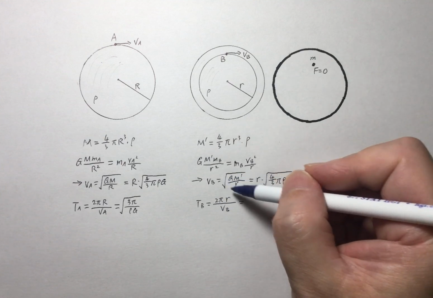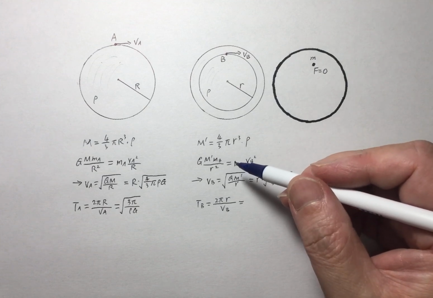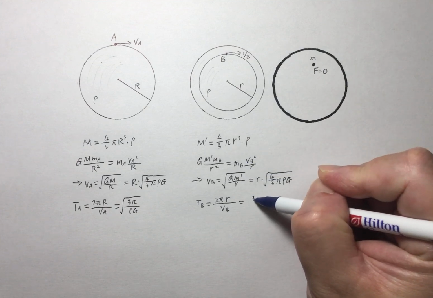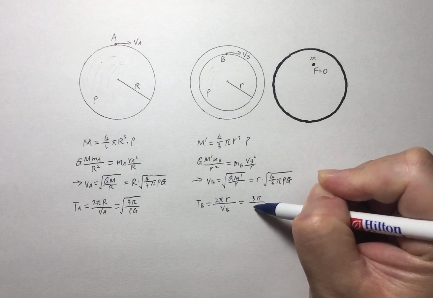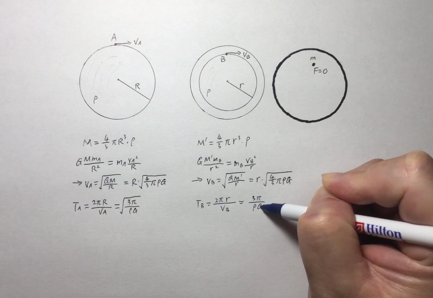So we plug Vb here and we get an answer of the square root of 3 pi over rho G.